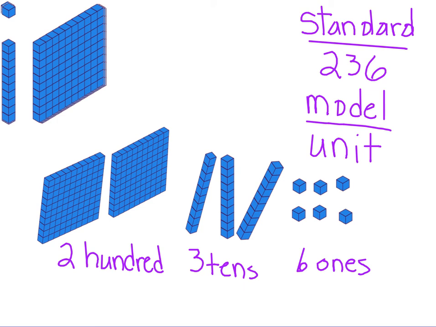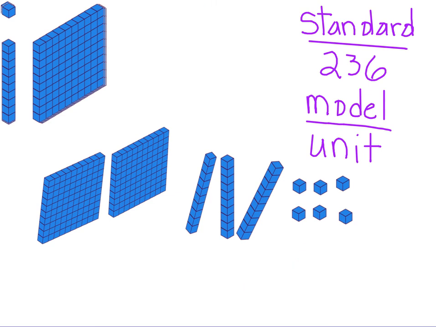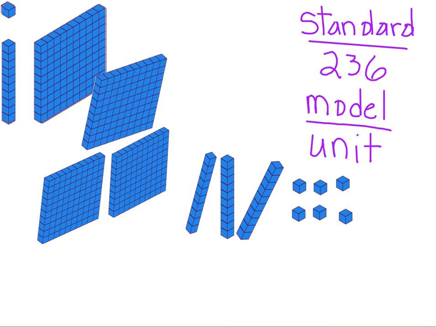You can see now how the number in standard form, 236, has more meaning when it's shown as a model and said in unit form. What we'll do at this point is ask the kids to either remove some of the blocks or add some of the blocks and give us a new value. So what I'd like to do at this time is bring down another 100 block.